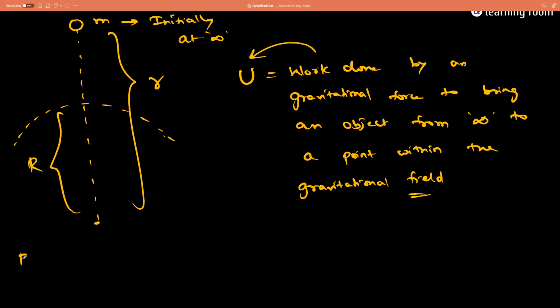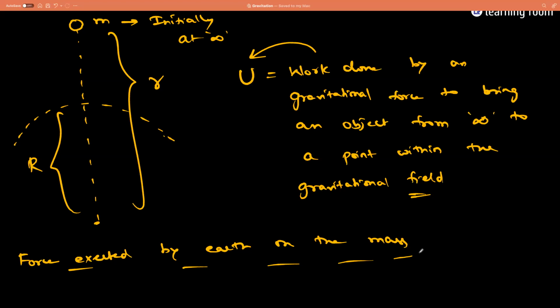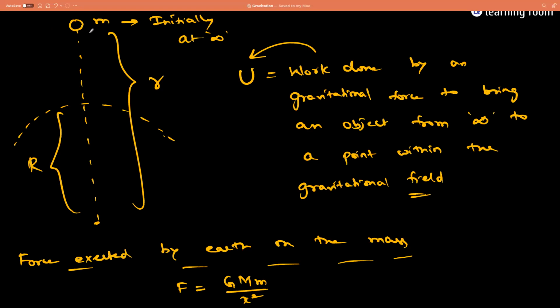So, what is the force exerted by Earth on the mass? So F will be equal to G capital M into small m divided by x square. Am I right? Now let's say this object is displaced through a small value dx.